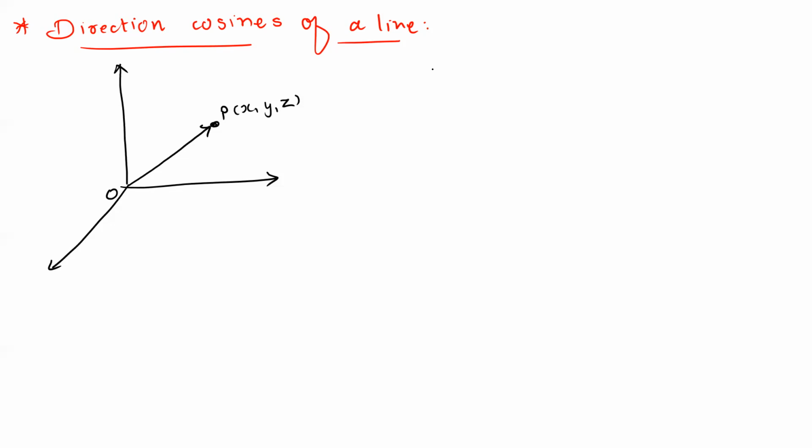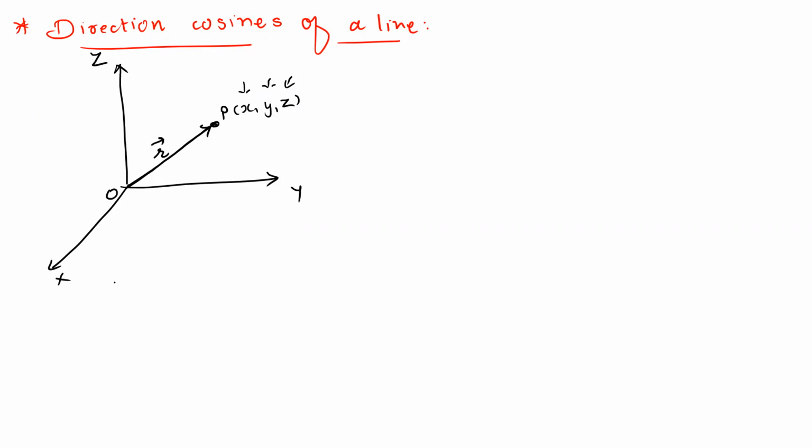In that case, you can get all the measurements regarding any other points also. Suppose this one is the x-axis, y-axis, and z-axis. Whenever any point P is located, P is called a position vector.